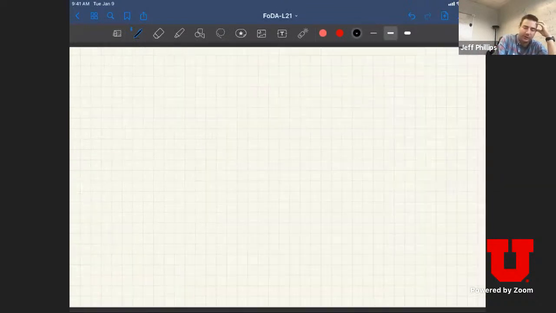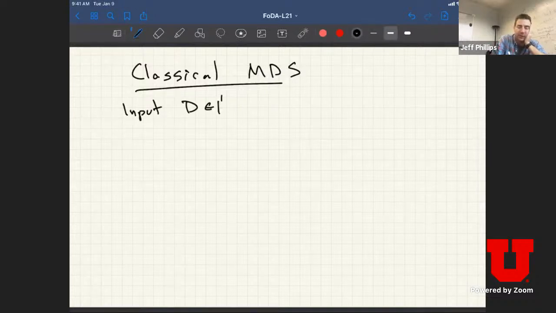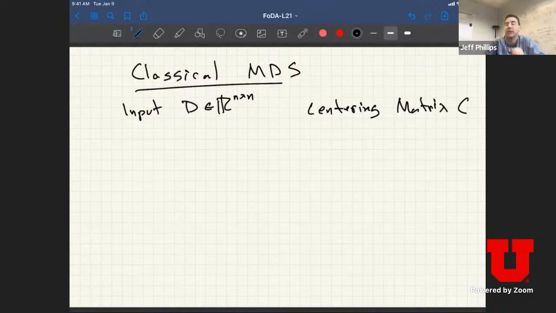Okay, so let's look at this algorithm, classical MDS. Remember our input is D, which is n by n. What we're going to need is a centering matrix, Cn, an n by n centering matrix.